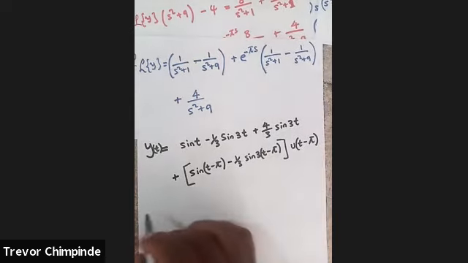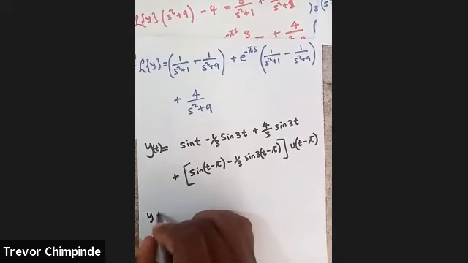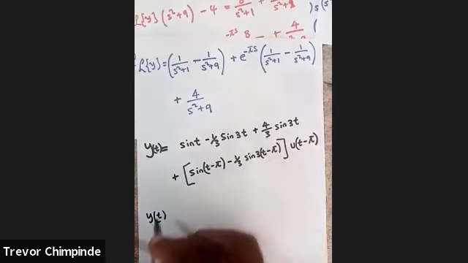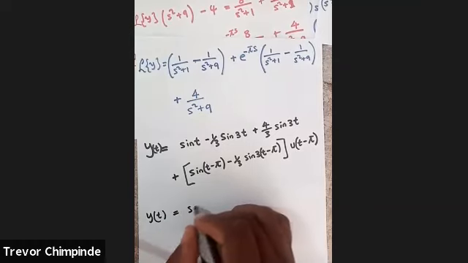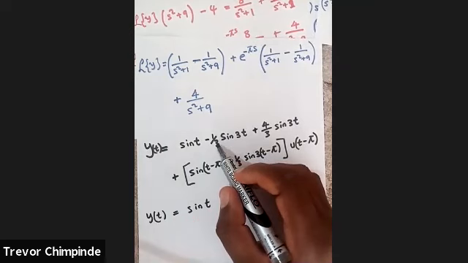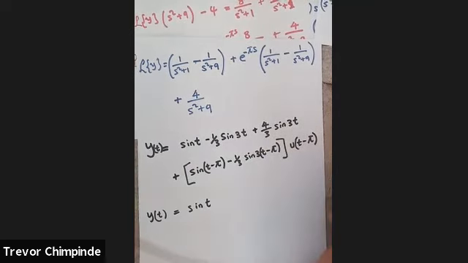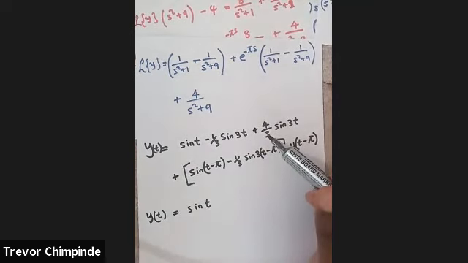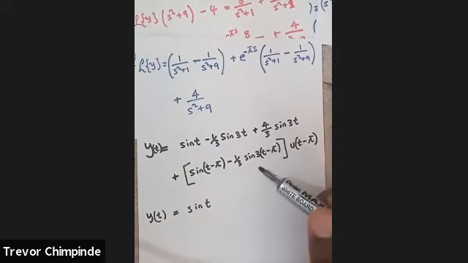Yes, so we can write it. We notice that these two terms are same. So this is sine t. Negative 1 over 3 plus 4 over 3 will give me 1, right? Yes.